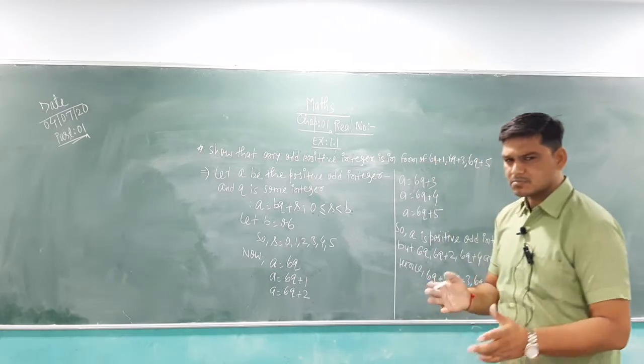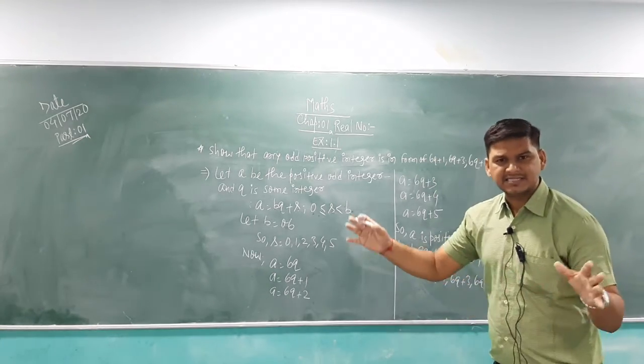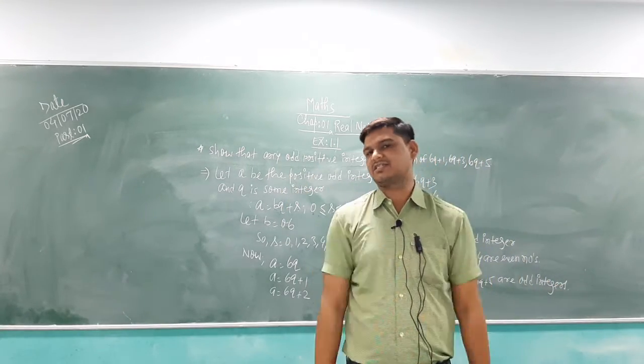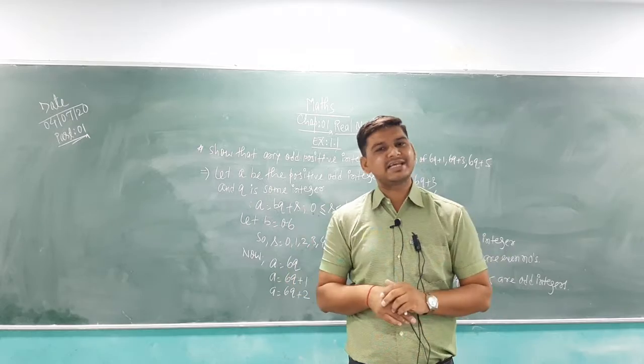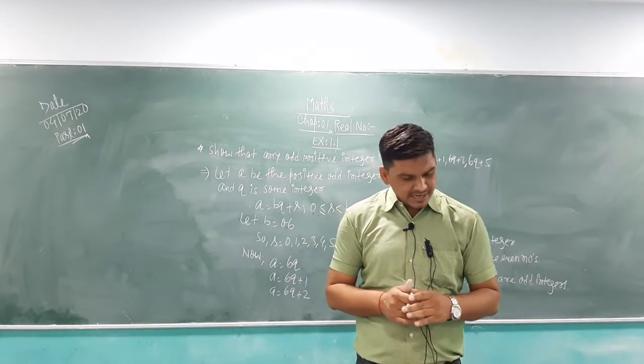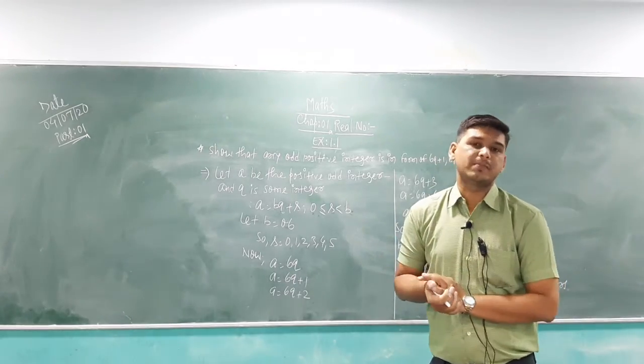Before that, let's take one example like an army consignment. In an army consignment, there are a total of 616 members, and behind each member there are 32 members.